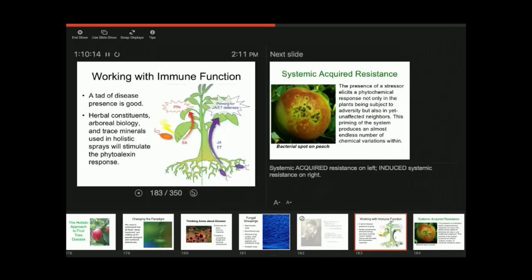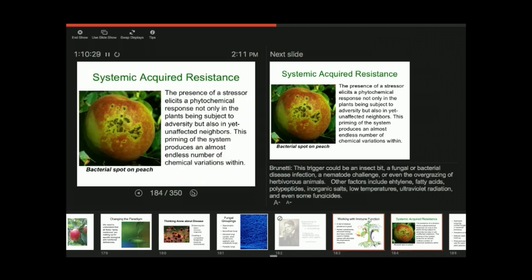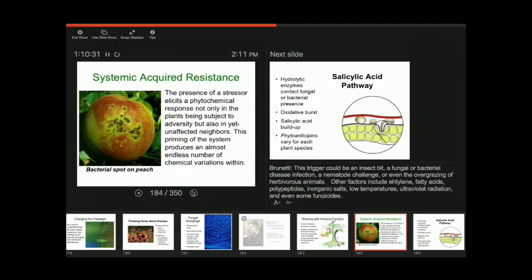So in working with plant immune function, there'll be some words that sound like I'm talking about the human immune system as well. There's an innate and an adaptive aspect to this. So the one leg is triggered by the actual presence of disease.